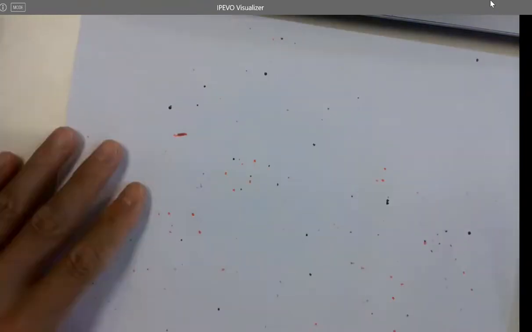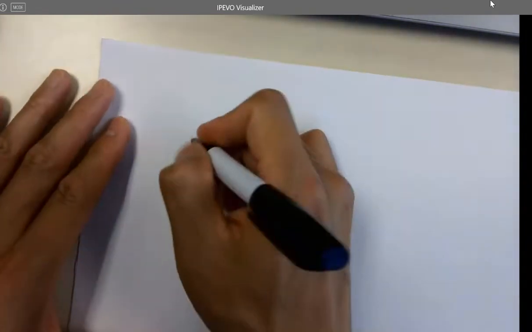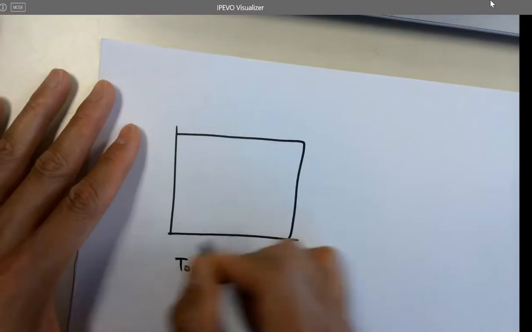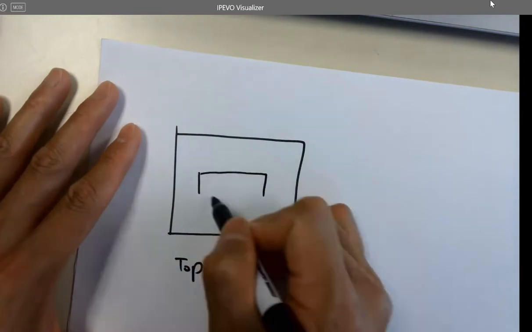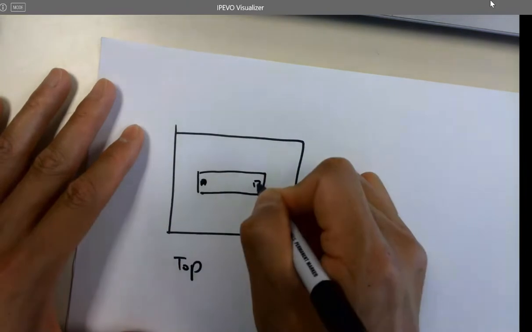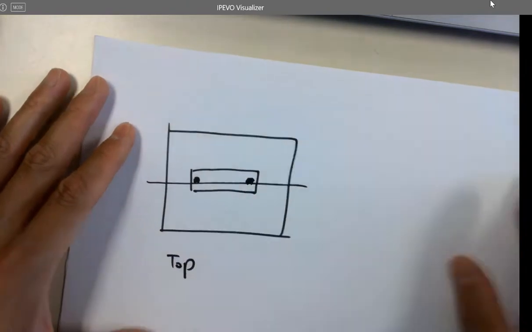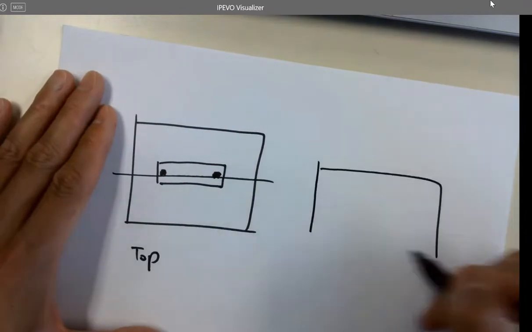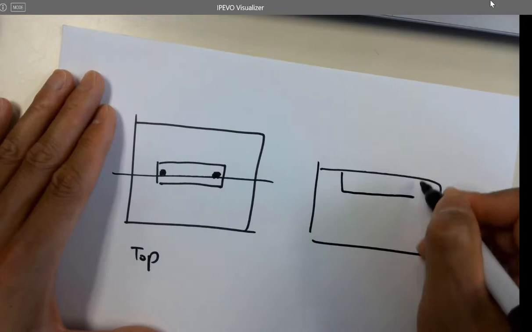So tomorrow in the lab, the resistors are called N-well resistors. If this is the top view, you look from the top. That's the layout. And there are two connectors to the two terminals of the N-well. If you cut it here and look from the side, it's a cross-sectional view, and it's nothing but a well.